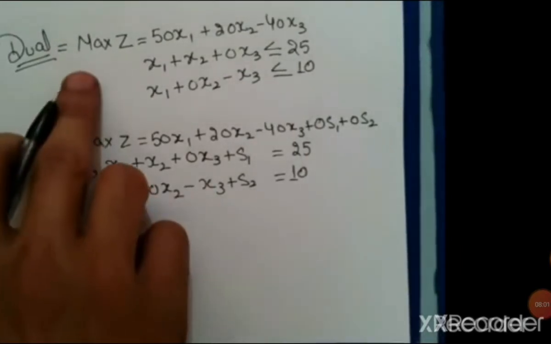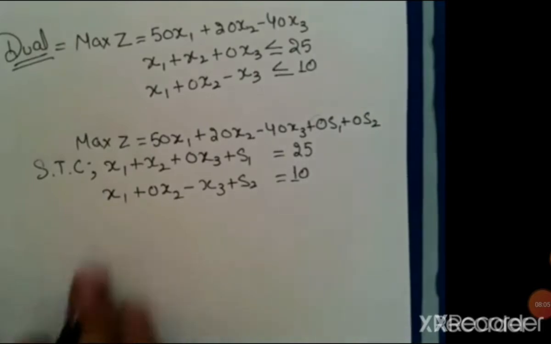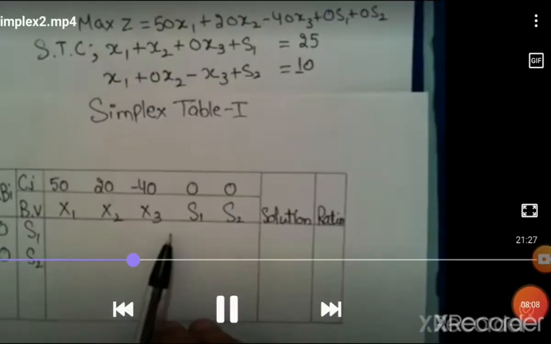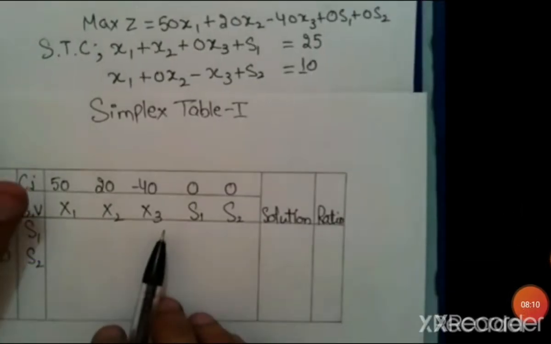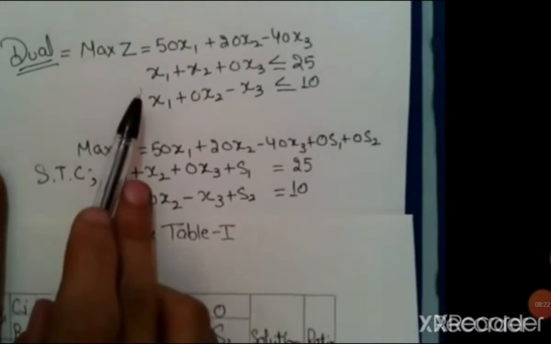Now write this in a table. Write down the objective function Cj at the topmost row, then the basic variables. Here you write the basic variables s1 and s2, and their coefficients in the objective function are zeros.